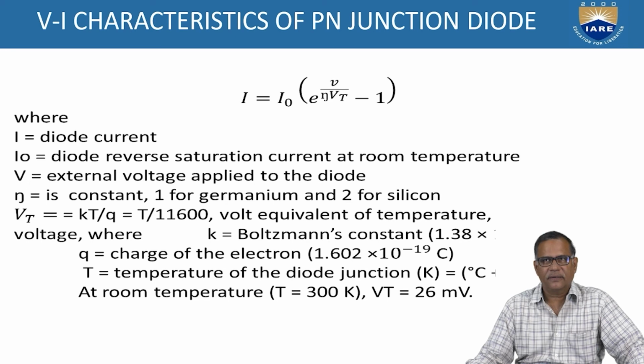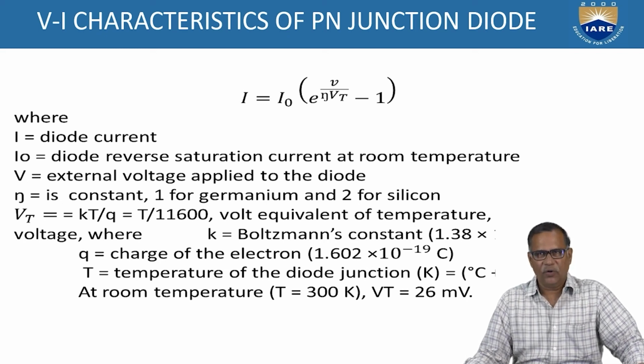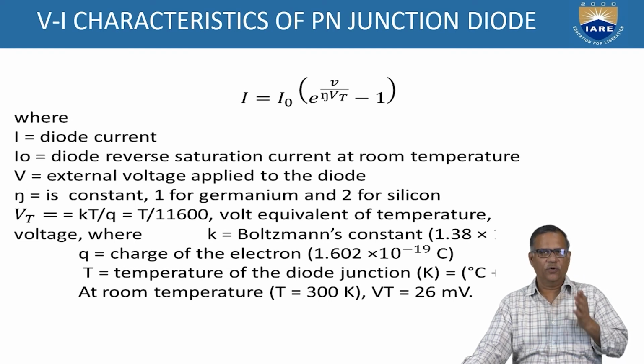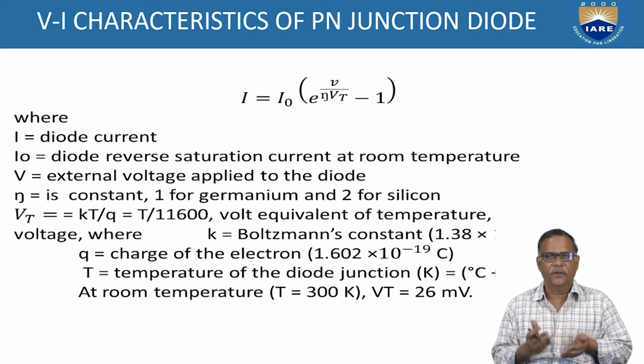The VI characteristics of the PN junction diode: I is equal to I naught into e power V by eta Vt minus 1. This is the diode current equation, where I is called the diode current, I naught is called the diode reverse saturation current at room temperature, and V is the external voltage applied to the diode.